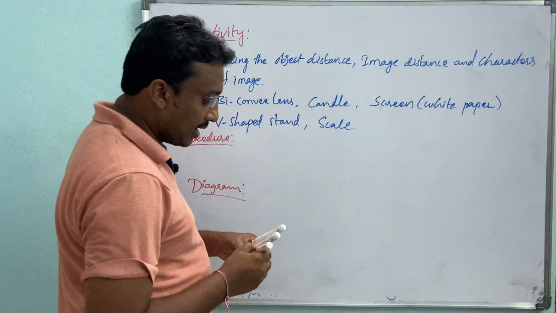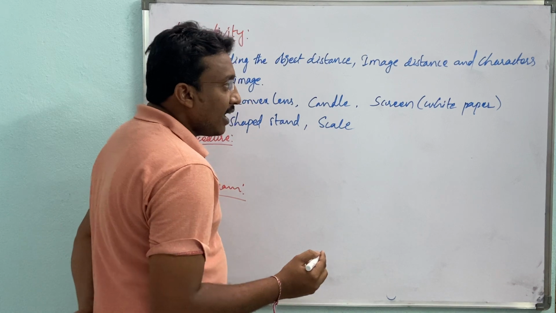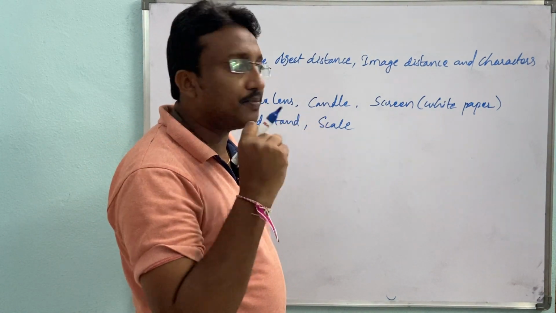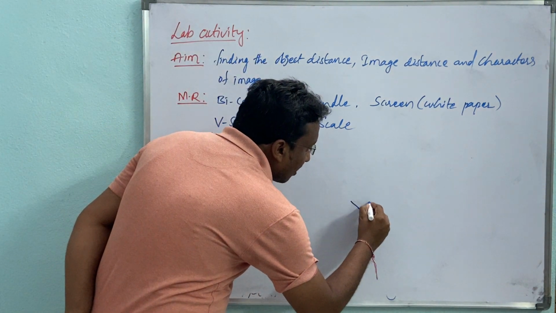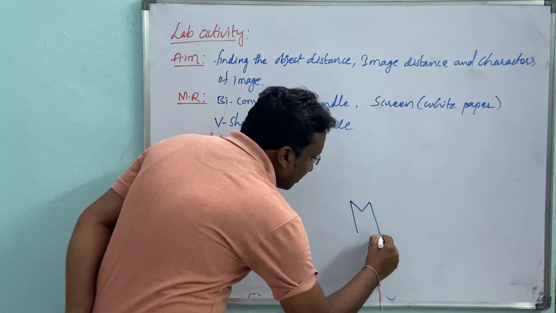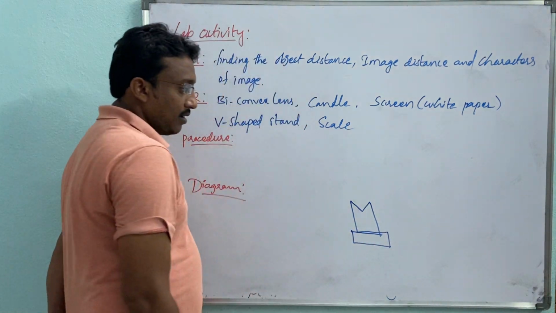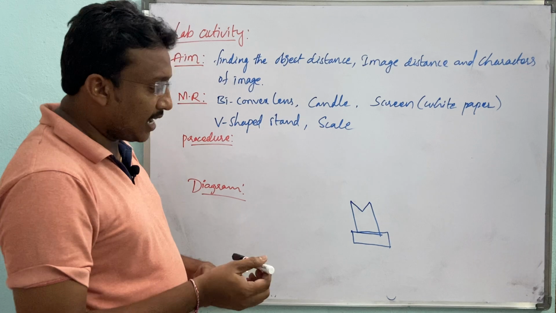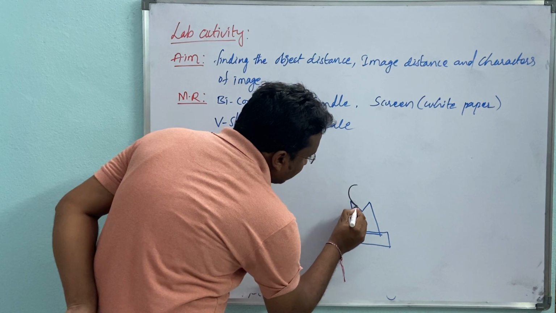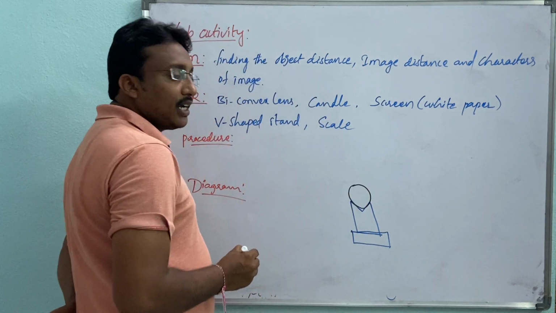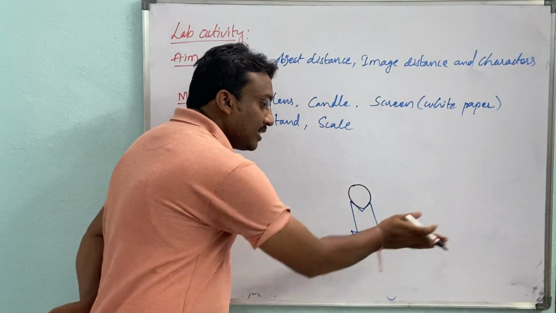After procedure, right? Then see, first point: take a V-shaped stand and fix a biconvex lens to it, and keep the V-shaped stand in the middle of the table.